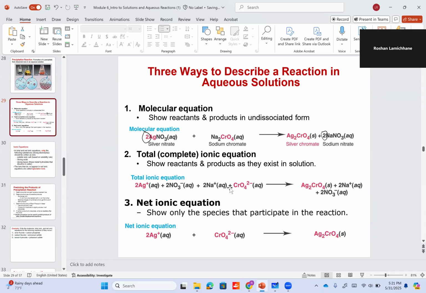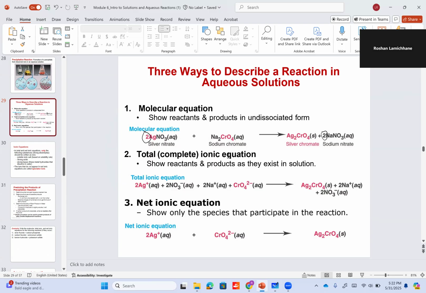So 2 plus charge plus 2 plus charge, that's 4 plus charges. Let's look at the negative charge: 2 negative charge, 2 negative charge. That's negative 4 charge. Plus 4 charge, minus 4 charge. That's why this is overall 0. And the same thing will happen on this side of the equation as well. That's really important for a total complete ionic equation.